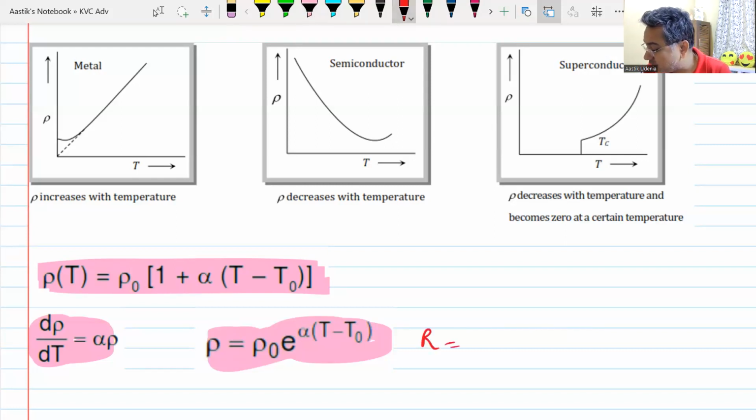Similarly, the actual formula of resistance is like this, but if the temperature change is small, you can write the formula in the form that we are given: RT is equal to R naught into (1 plus alpha into delta theta). But the actual formula looks like this. Do we understand this? Yes. The actual formula is like this, but you can write it in that way. I'll give you 2 minutes to note it down.